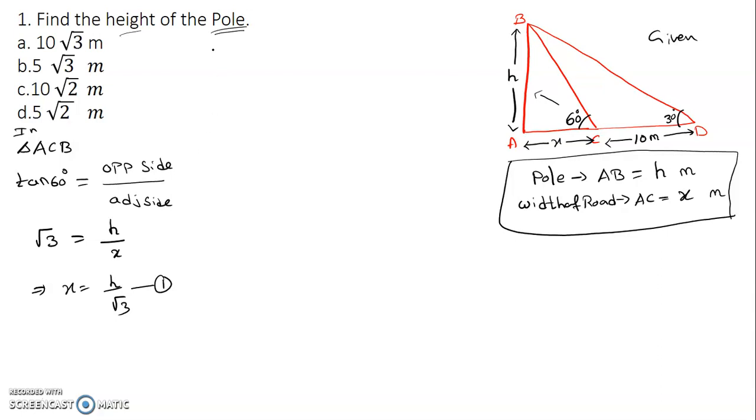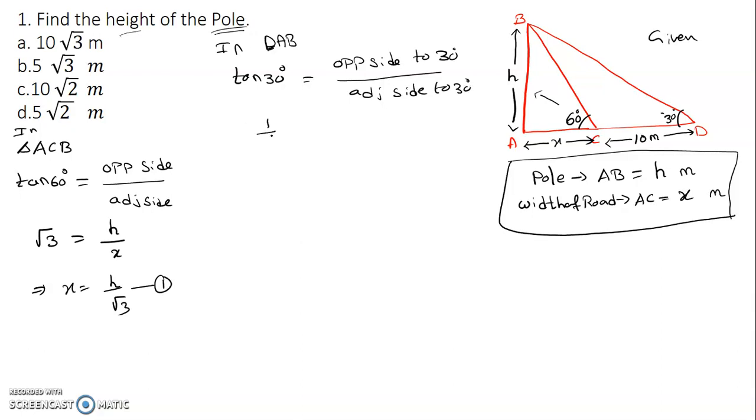After that, go for the big triangle DAB. The angle in the big triangle is 30 degrees. So tan 30 is equal to the opposite side to 30 by the adjacent side to 30.